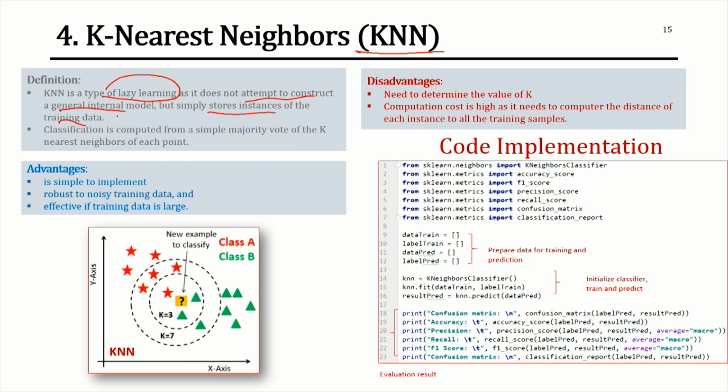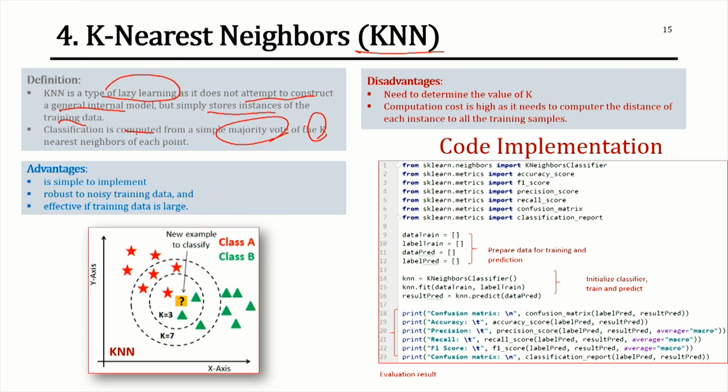It just stores a new instance. And the classification is computed from a simple majority vote of the k nearest neighbors of each point. So we have a variable called k here.